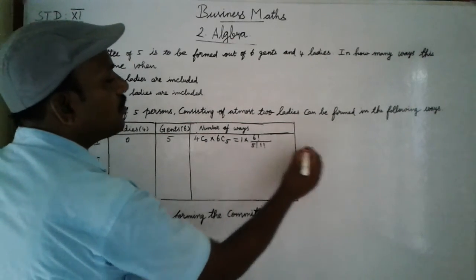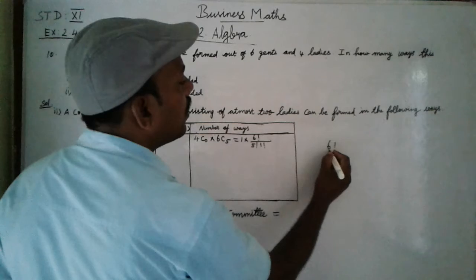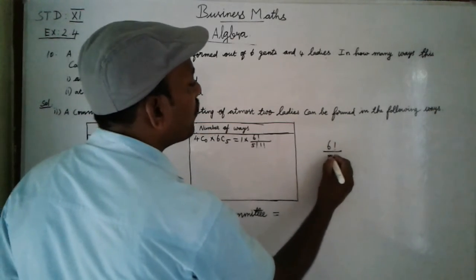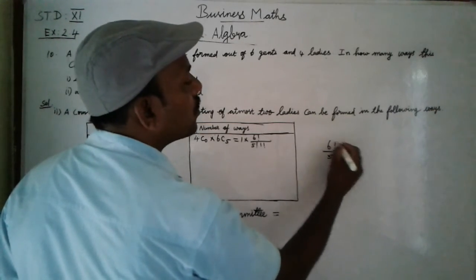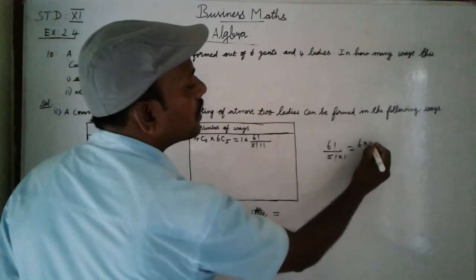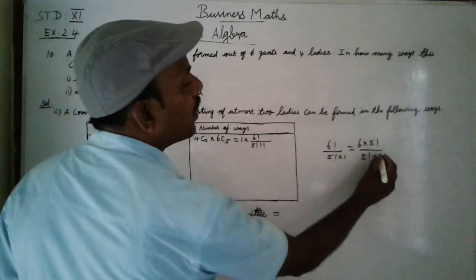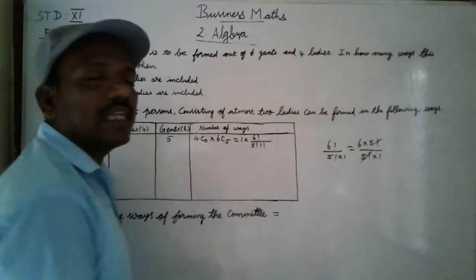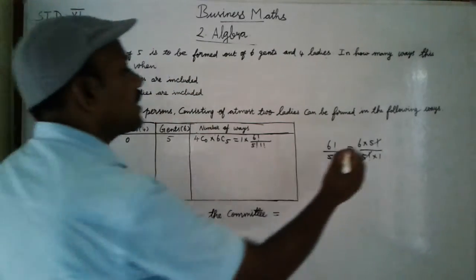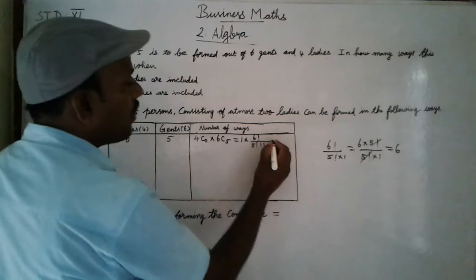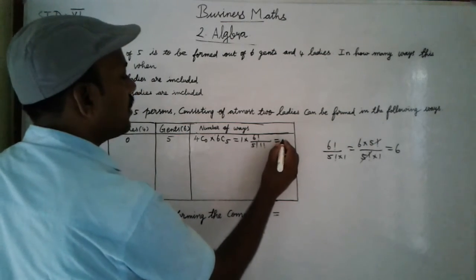So we should write 6 factorial divided by 5 factorial into 1. We should write 6 into 5 factorial divided by 5 factorial into 1. So 5 factorial cancels, 6 divided by 1 is 6. So its value is 6.